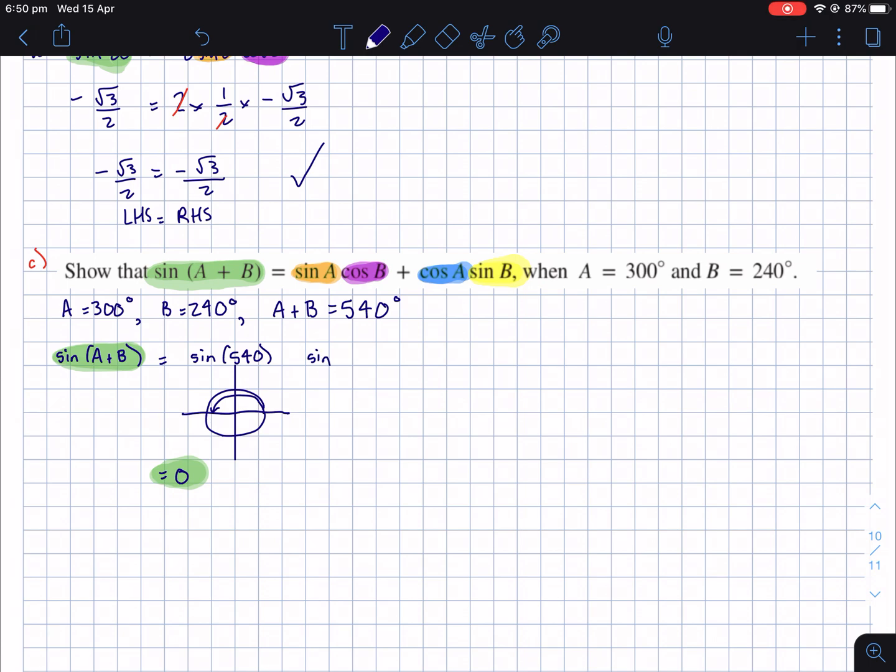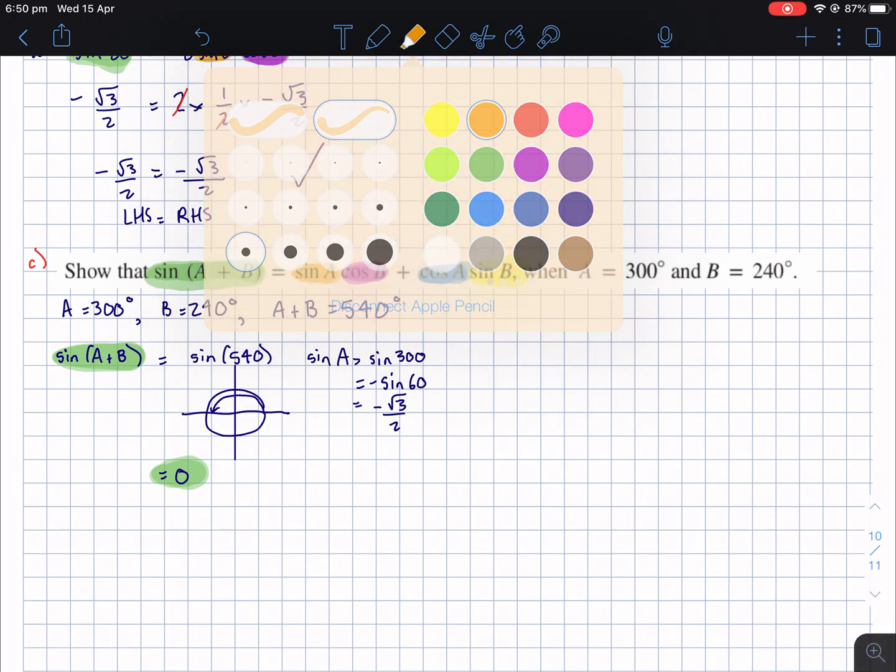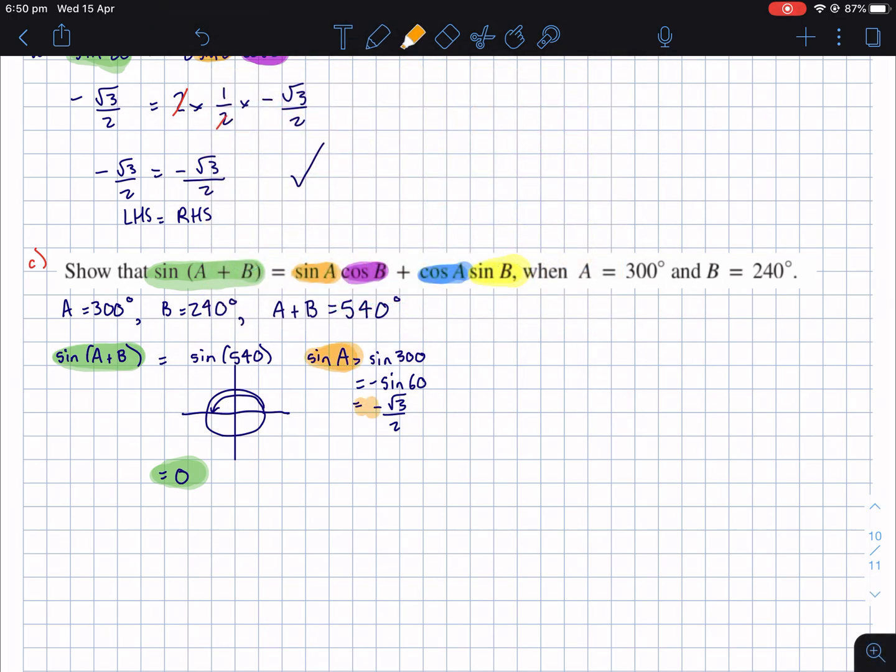Sine A is sine 300. You shouldn't need to draw this to realise that that's negative sine 60, which gives us negative root 3 on 2. So that's sine A. Next thing I'm going to do is cos B, which is cos 240.